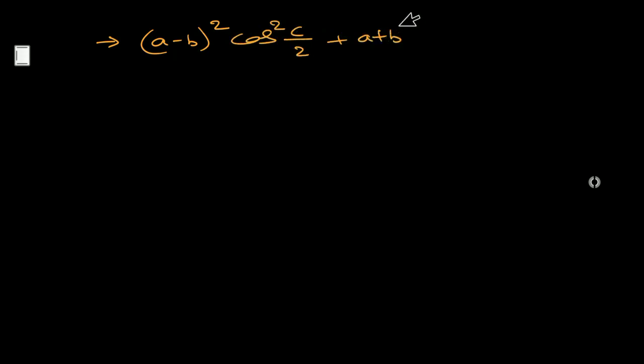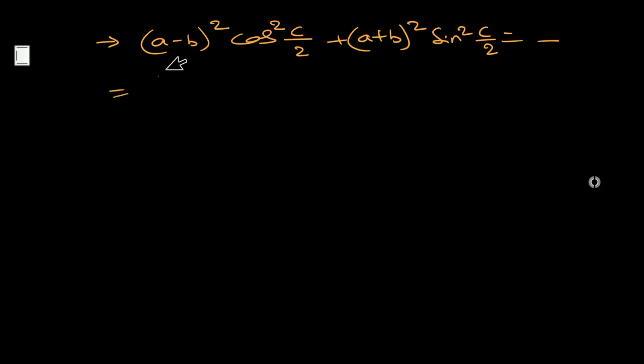Next problem. In triangle ABC, find the value of (a minus b) whole square cos square C by 2 plus (a plus b) whole square sin square C by 2. This value we need to identify in triangle ABC.